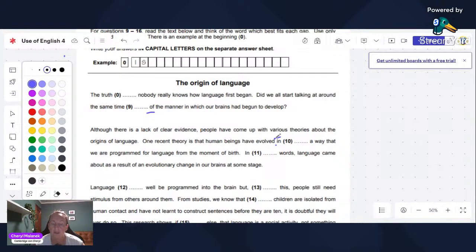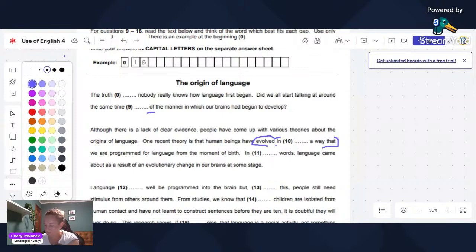We've evolved in a way that. So this is kind of saying we've evolved in a particular way, no? In a kind of way, that we're programmed for language. So it's not in a particular way, in a kind of way.